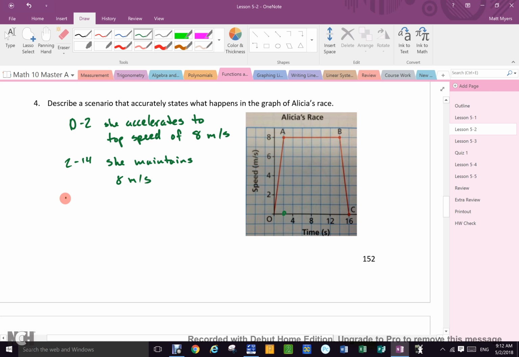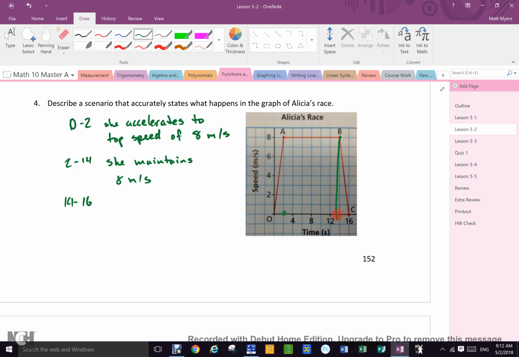And what happens from 14 to 16? What happened at 14 seconds? She crossed the finish line. If she crossed the finish line and stops, why doesn't this go straight down? Because she has to slow down.